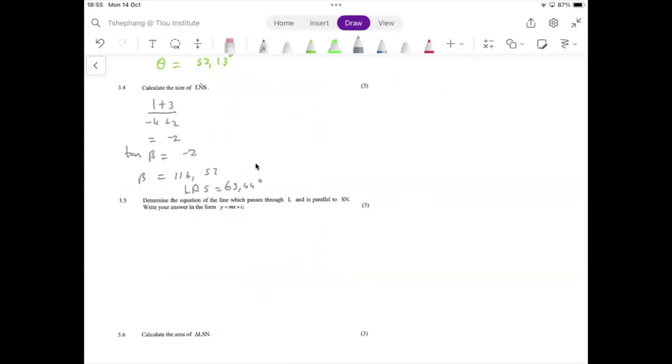Okay, now moving on. Determine the equation of the line which passes through L is? Mtagozo has a hand up there. Okay, can help them unmute.